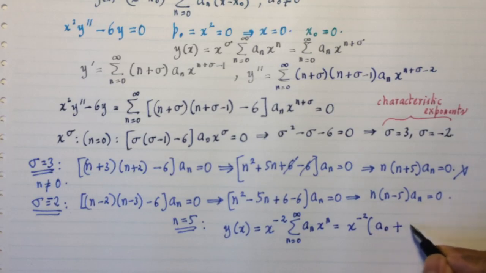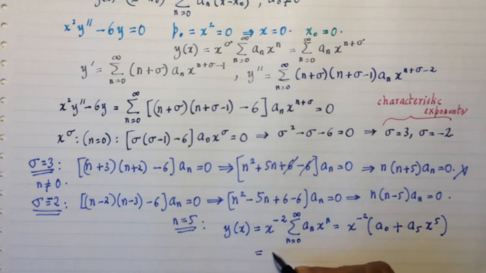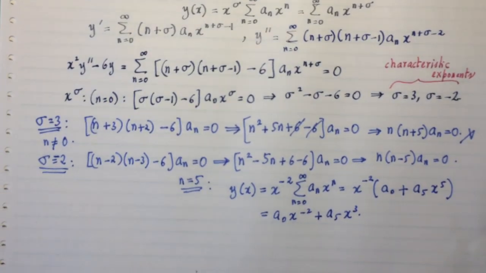And then you have the fifth term, a5 x to the 5. And that's it. The a0 and a5 are got from the initial conditions, which I did not state. So the two solutions are going to be a0 x to the minus 2, taking the x to the minus 2 inside, plus a5 x cubed. It's now a trivial matter for us to verify that these indeed satisfy the original differential equation.